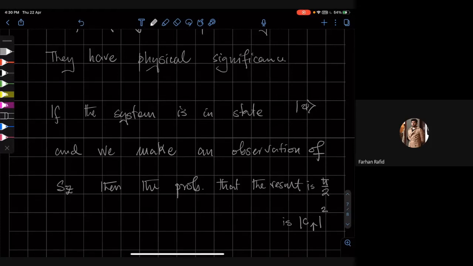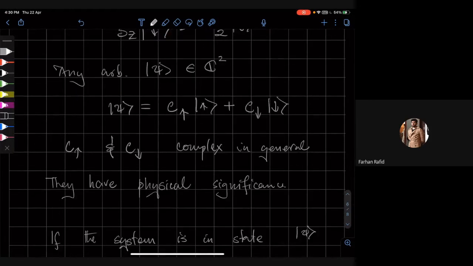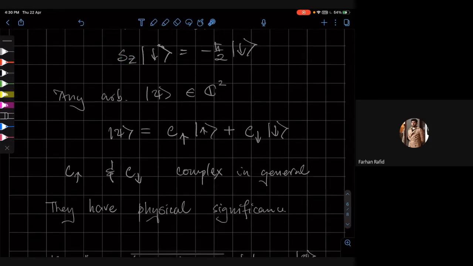Okay, so let's look at this. If I make an observation of Sz, then the probability that the system will be found with spin up is given by this number's modulus squared.